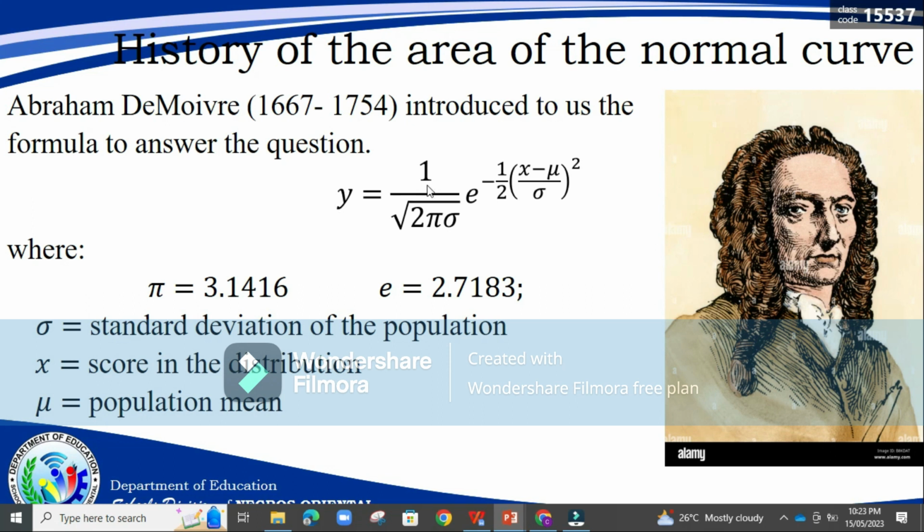We have here y is equal to 1 over the square root of 2 pi times the standard deviation, times e to the power of negative 1/2 times, by the way, this is already an exponent, x minus the mean over the standard deviation, quantity squared, wherein this symbol is pi, which is approximately equal to 3.1416, and this is the Euler number 2.7183, and this is the symbol for the population standard deviation, and x is the score in the distribution, and this lowercase Greek letter is the population mean.